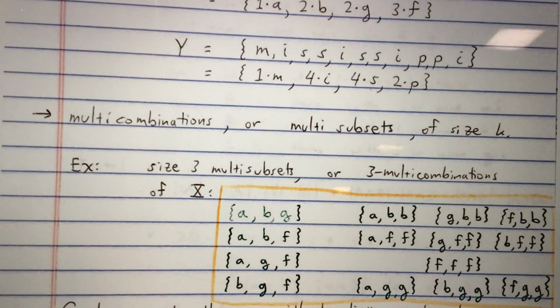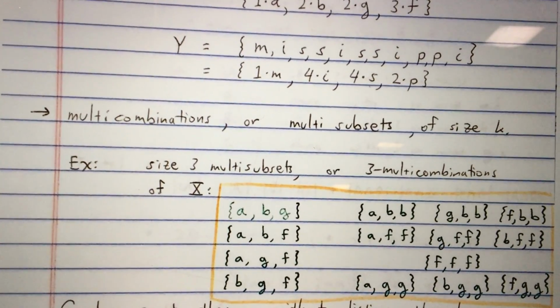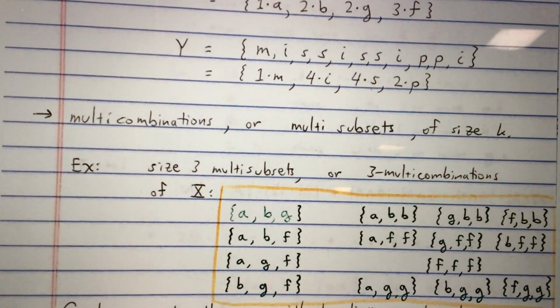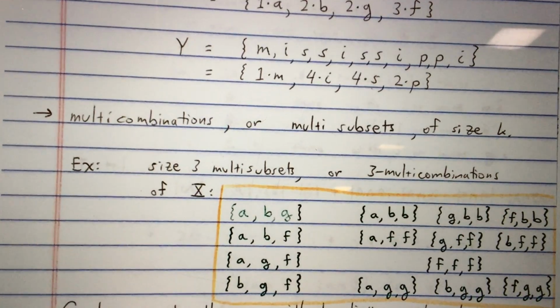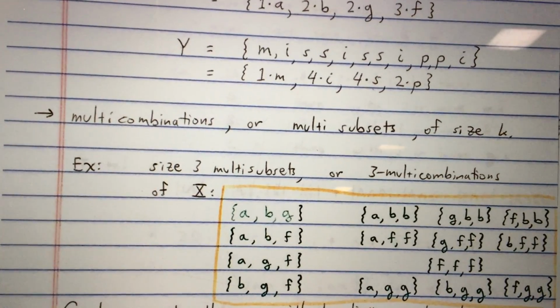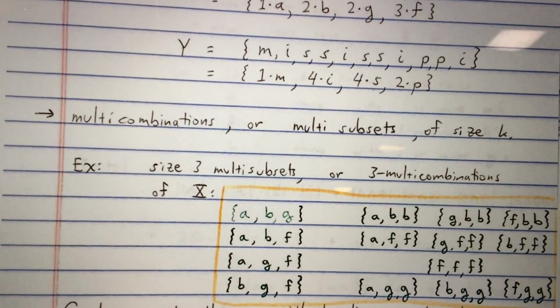But then we also have all these multi-subsets that have both of the B's, down at the bottom, both of the G's, and then in the middle there's some with 2 F's and 1 with 3 F's.